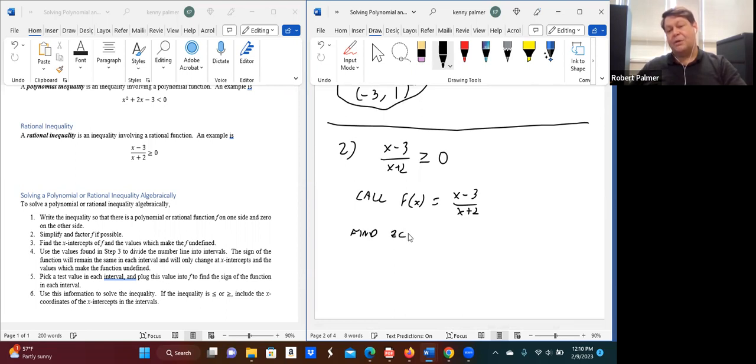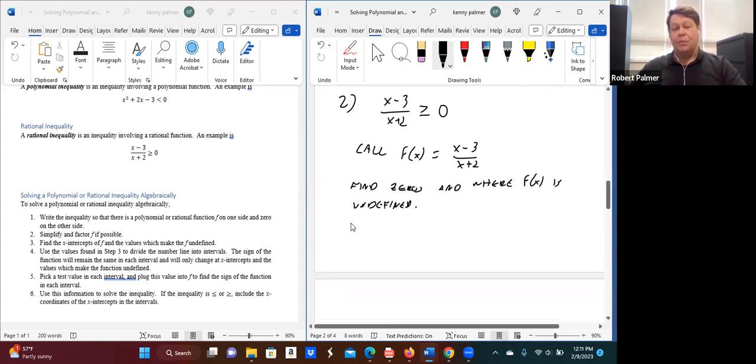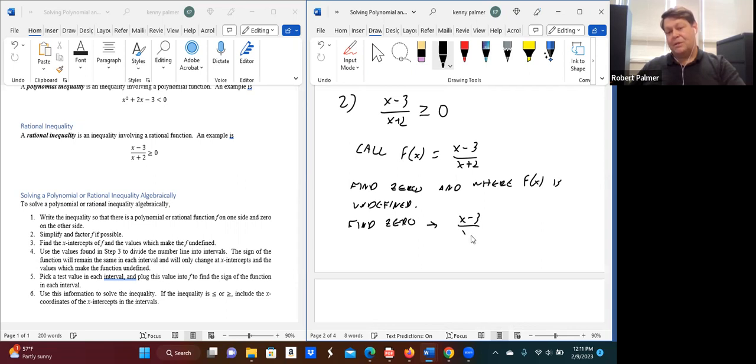Now, next thing, we want to find the zeros or x-intercepts and where f of x is undefined. First, define the zero: we set it equal to 0 and find the x. That's going to be x minus 3 over x plus 2 equal to 0.